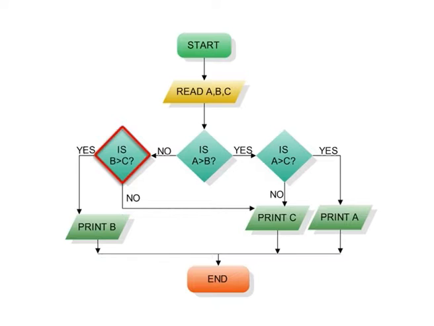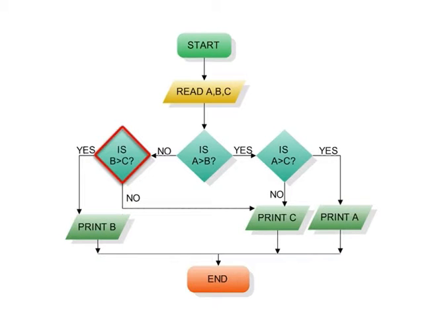If the above condition is false, the branch goes toward the no step. Another decision box is there that checks if B is greater than C. If the condition is true, that means B is greatest and print B. 5.